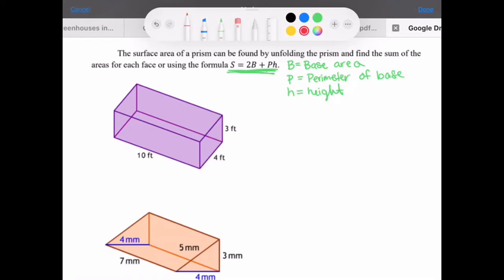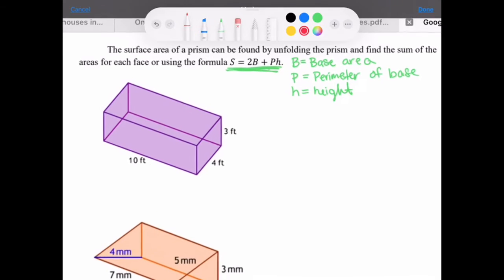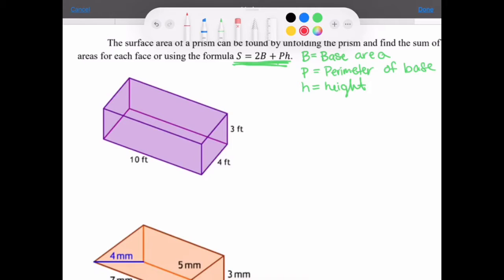Okay, moving on. Let's solve this here. First of all, base area. Base equals length times width equals 4 times 3, which is 12. Now the perimeter. We have 3 here and 4 here also, so 3 plus 3 plus 4 plus 4, so the perimeter is 14, and the height is 10.